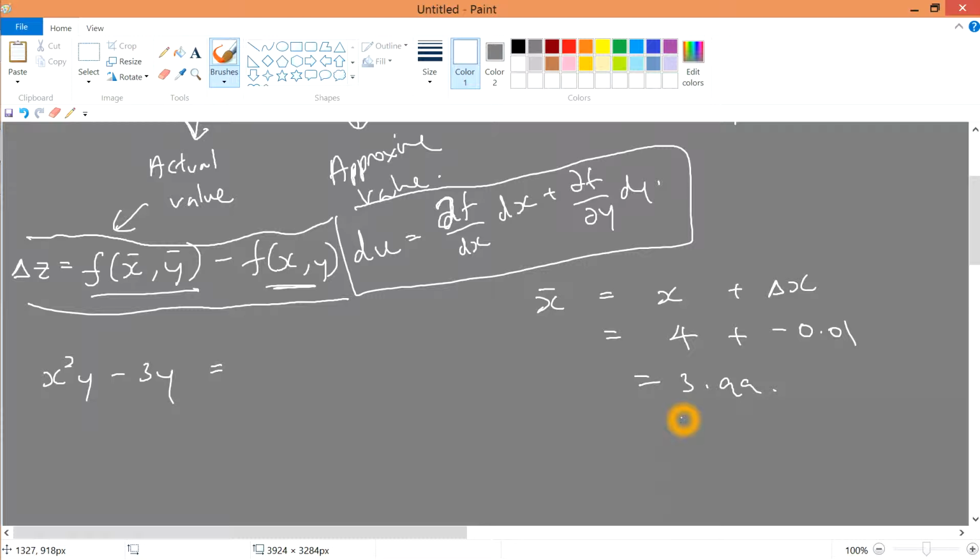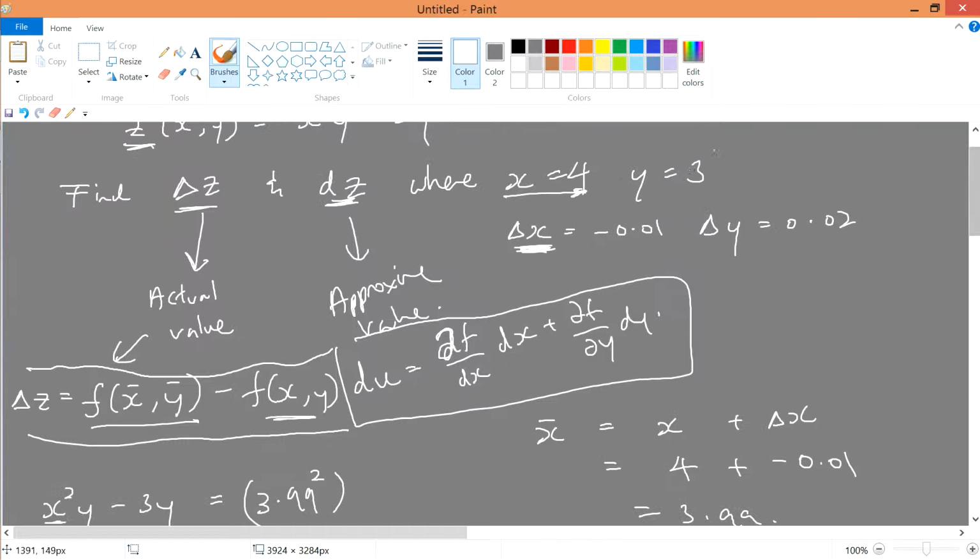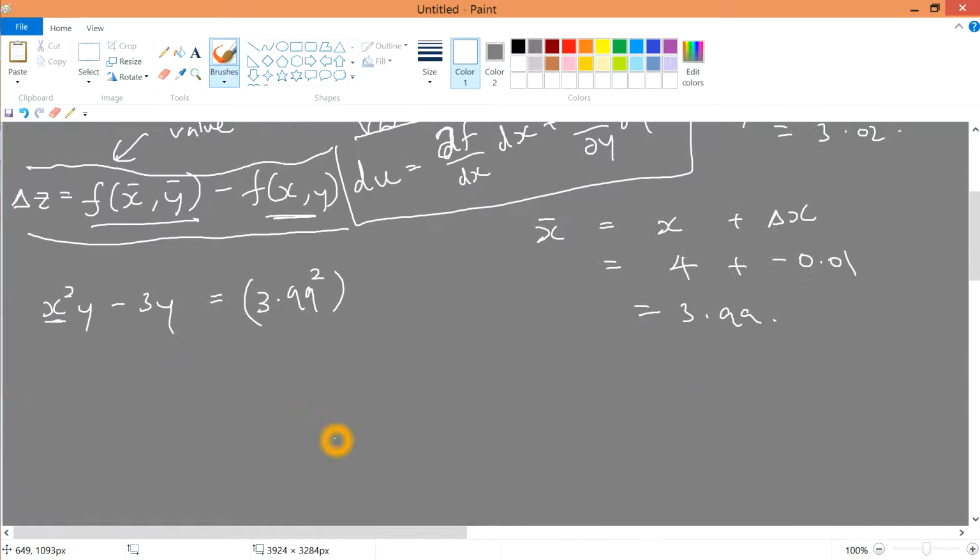Therefore I substitute 3.99 squared in for x first, and then y is 3, so y bar is equal to 3 plus this term over here, 0.02, sorry, this is minus actually, so 3.02.